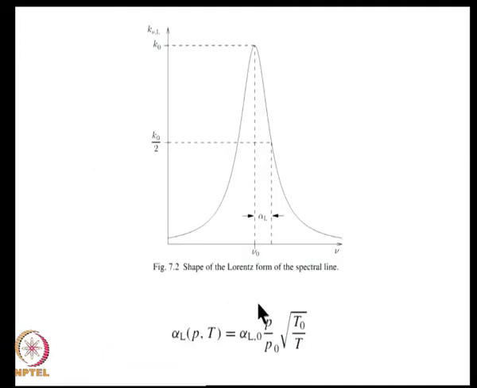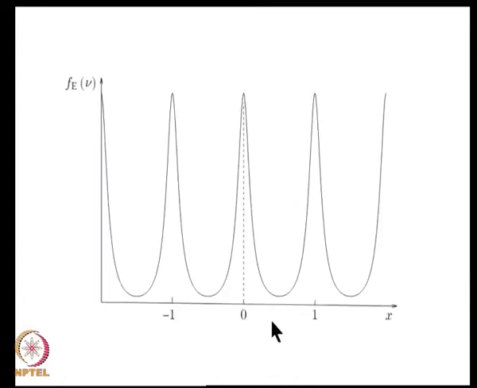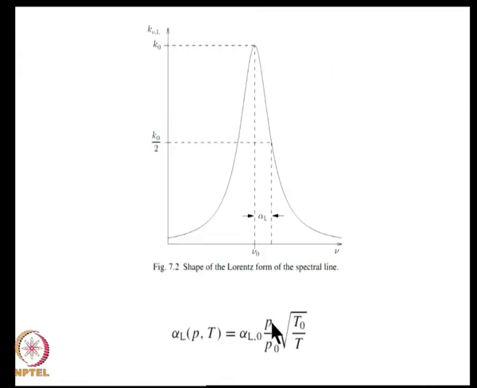Now, we just considered a single line which, because of collisions, underwent a broadening, and the width was here alpha L, nu 0 the center of the line, and this width of the line depends linearly on the pressure, total pressure of the gas, which determines how many collisions there are.